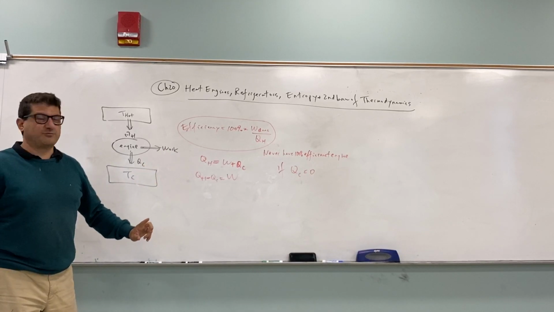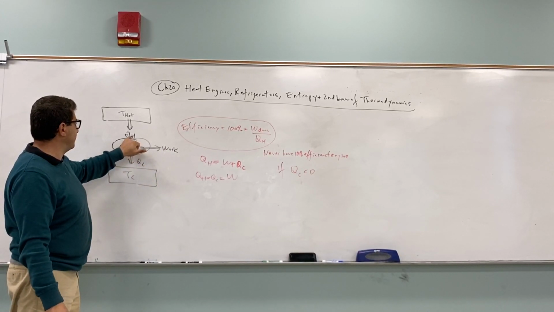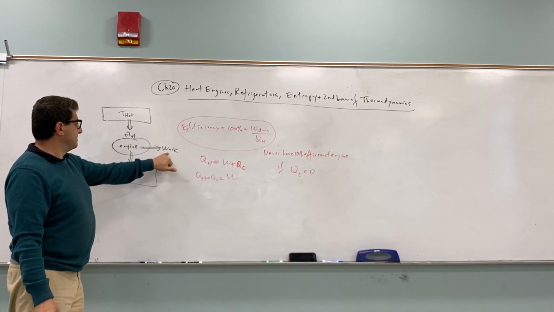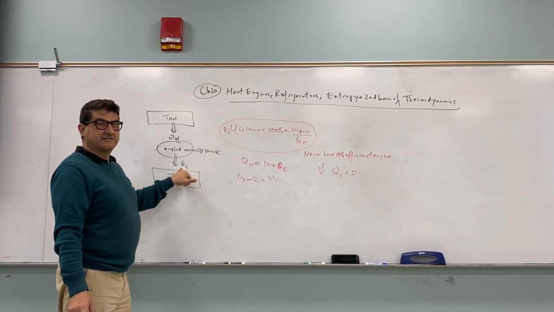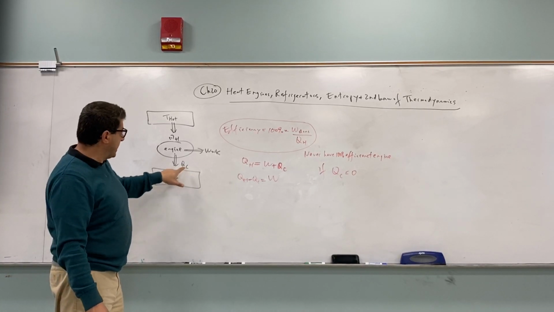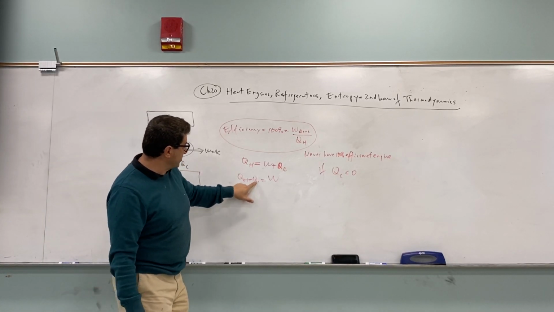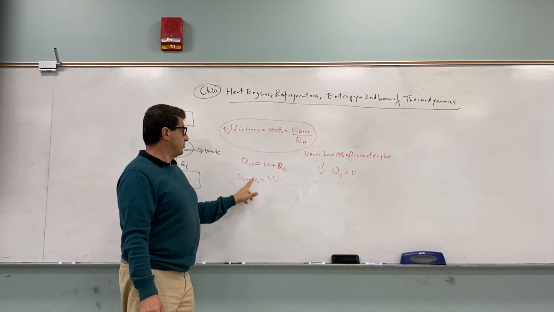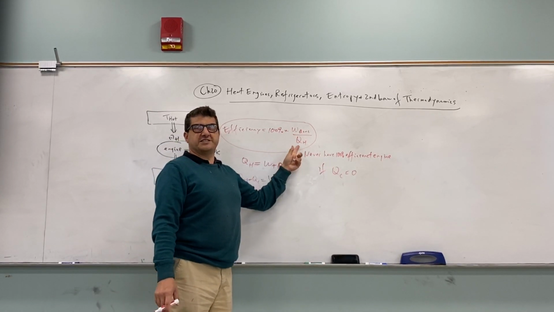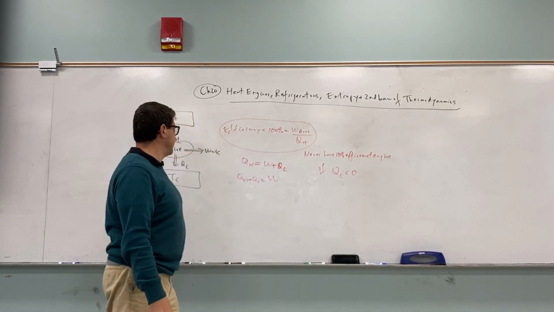Because the second law of thermo says, oh no, you can't do that. You can't take this and do work and dump nothing. You have to have QC, which means once you have QC, W is less than QH, right? Well, if W is less than QH, then the efficiency is less than 100.